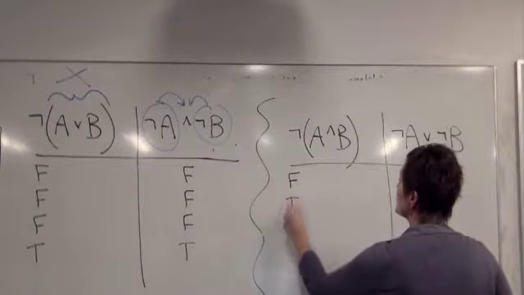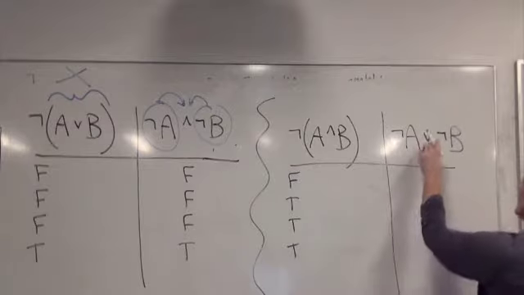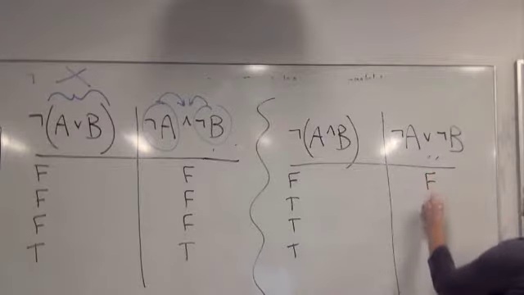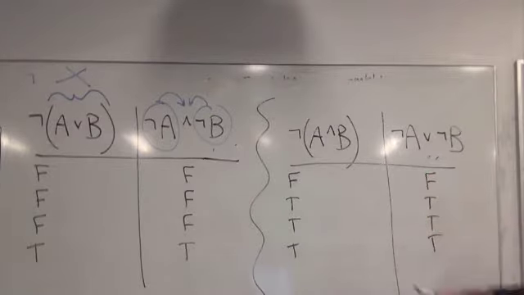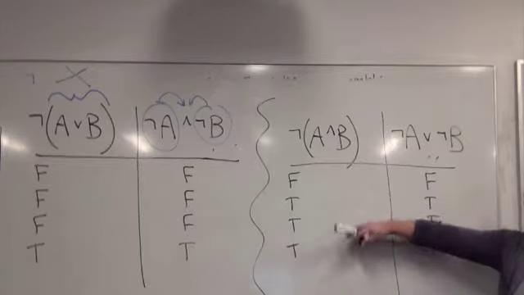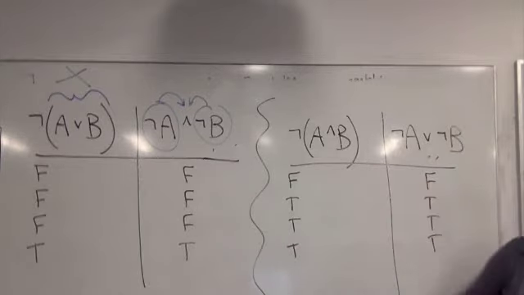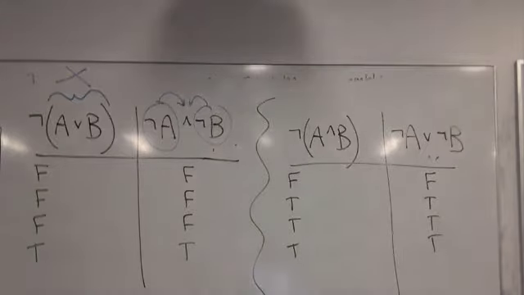So false, true, true, true, and main connective, false, true, true, true. So row 4, 3, 2, 1, or 1, 2, 3, 4. We've got the same values on each row. Okay. So I find that sometimes the clutter that you're seeing on Boole distracts me.